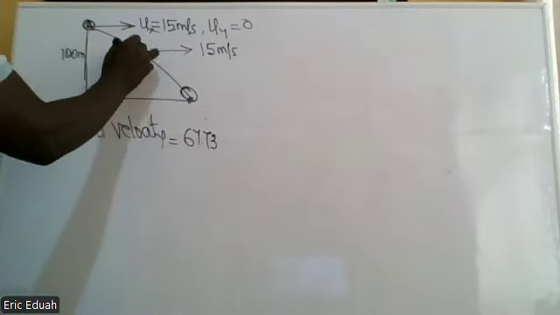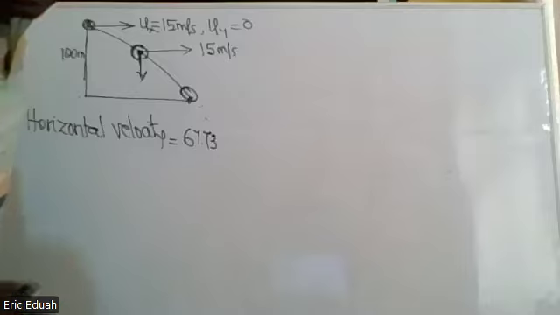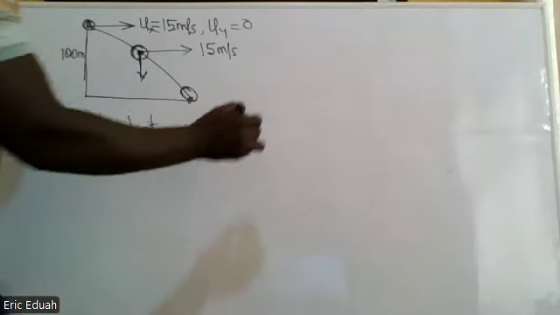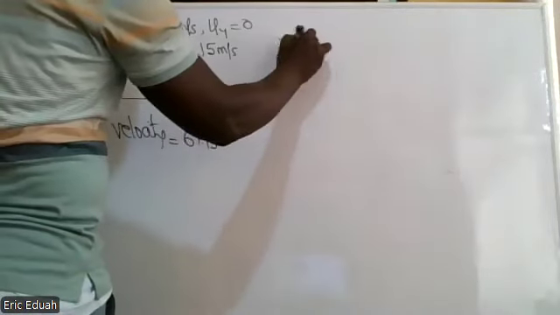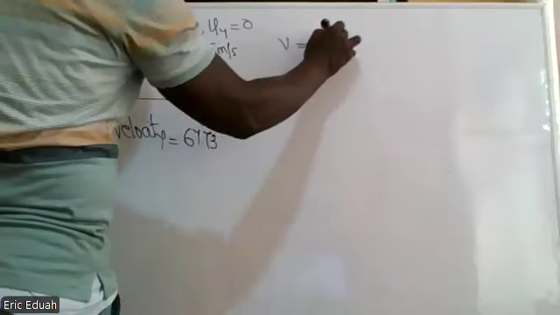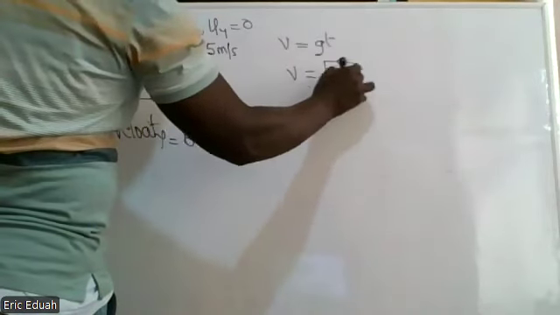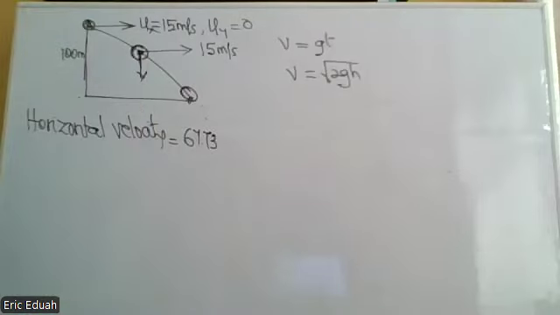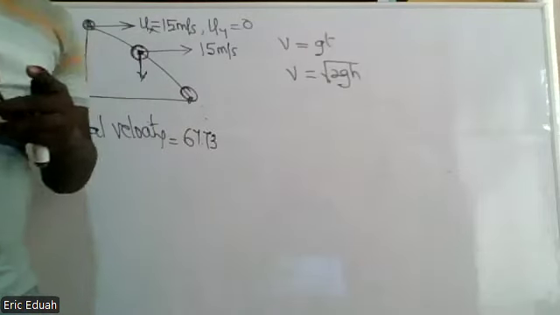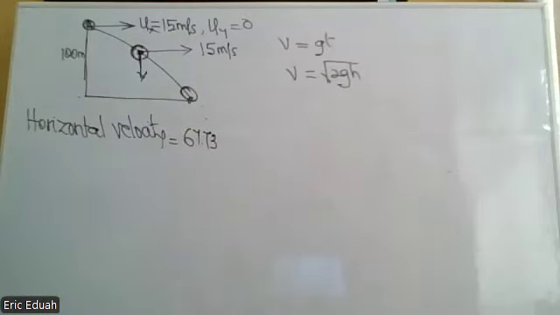The vertical velocity is time dependent. That is why we saw that v is gt or v is equal to the square root of 2gh. These are all equations for vertical velocity at any point.